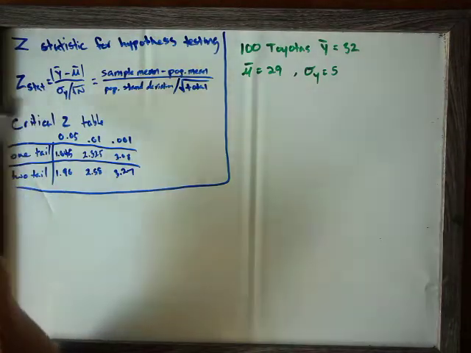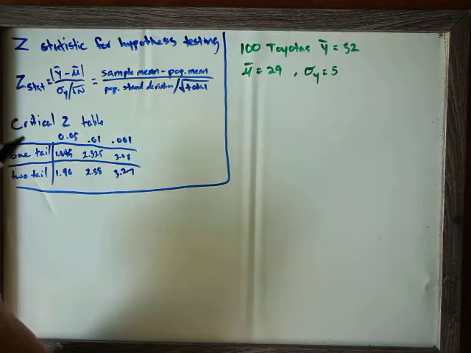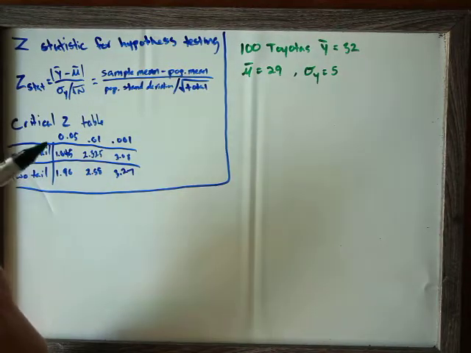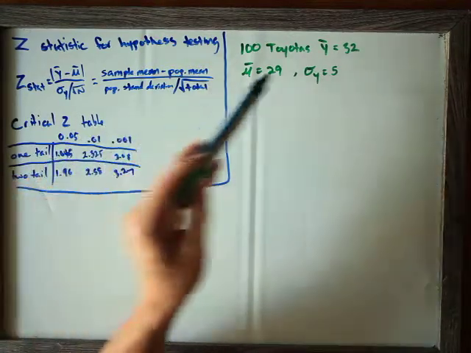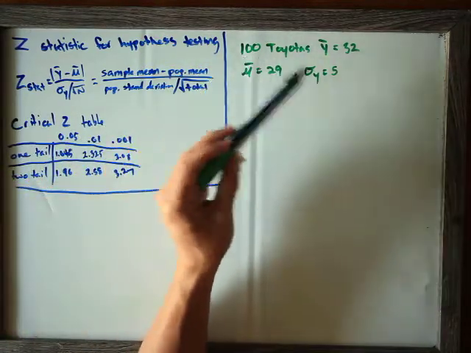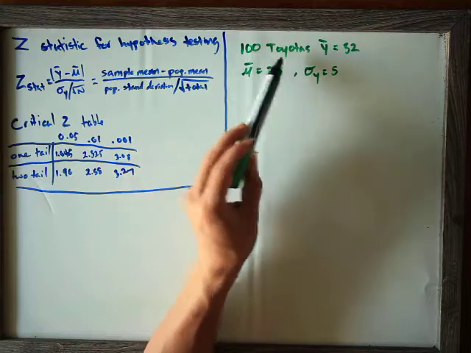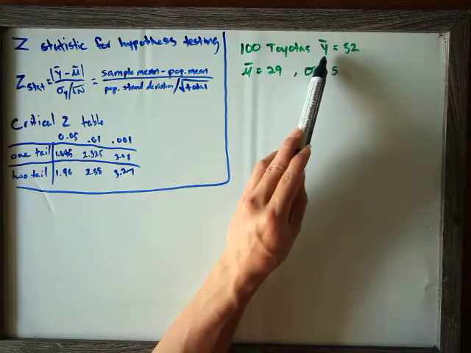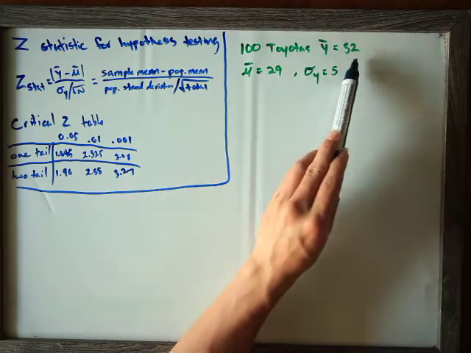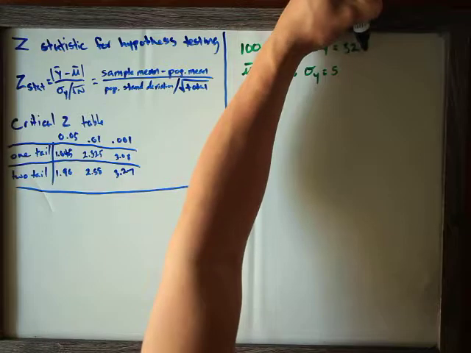Once we obtain this z-statistic, we're going to compare it to our critical z-statistic to interpret the results. For this problem, we're going to use this data here. We sampled 100 Toyotas and we found that their average gas mileage was 32 miles per gallon.